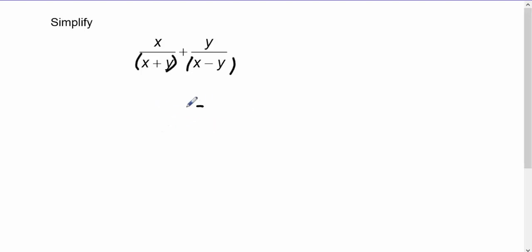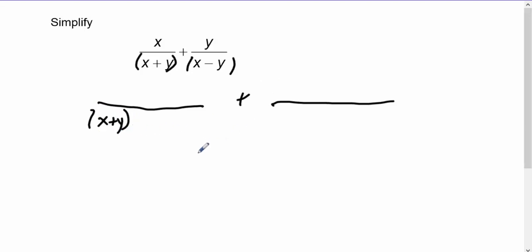So when I now say, okay, let's make my common denominator, I have to have this x plus y represented because that's one unique term, or one unique factor, if you will. Likewise, I have to have the x minus y represented because that's also a unique factor. And then my LCD is just x plus y and x minus y. Don't feel the need to multiply that all out.